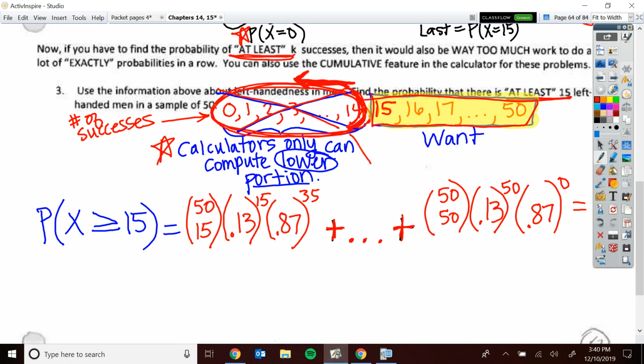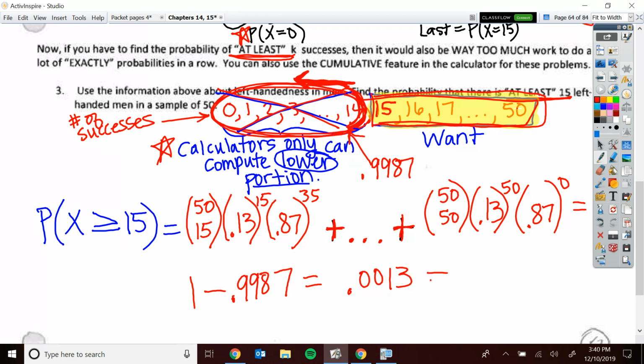So if I know this amount is 99.87% of data, then this has to be the rest. So I do 1 minus that 0.9987, and that's how I get my 0.0013, or a very small amount of 0.13%, whichever way you choose to do it.